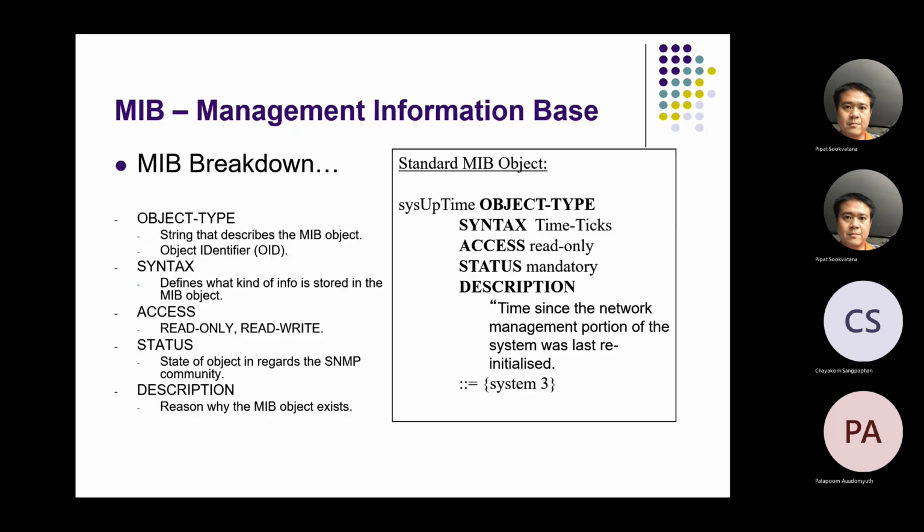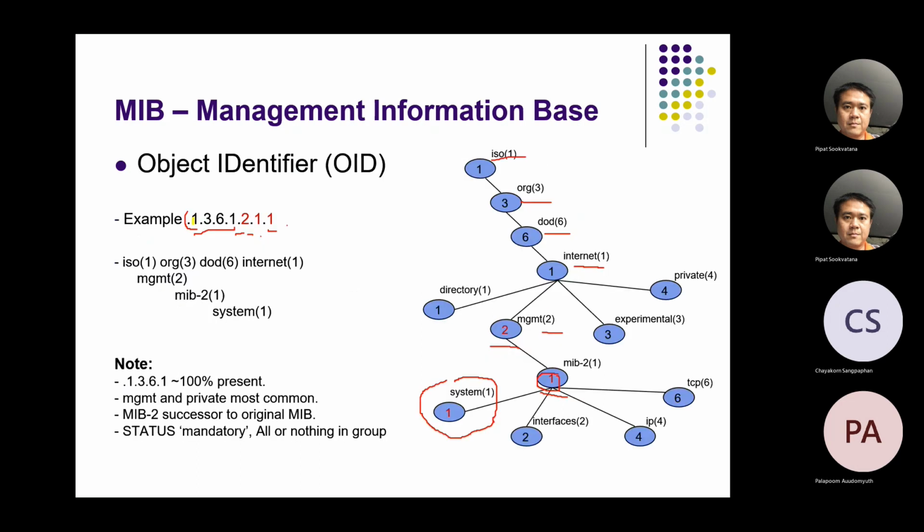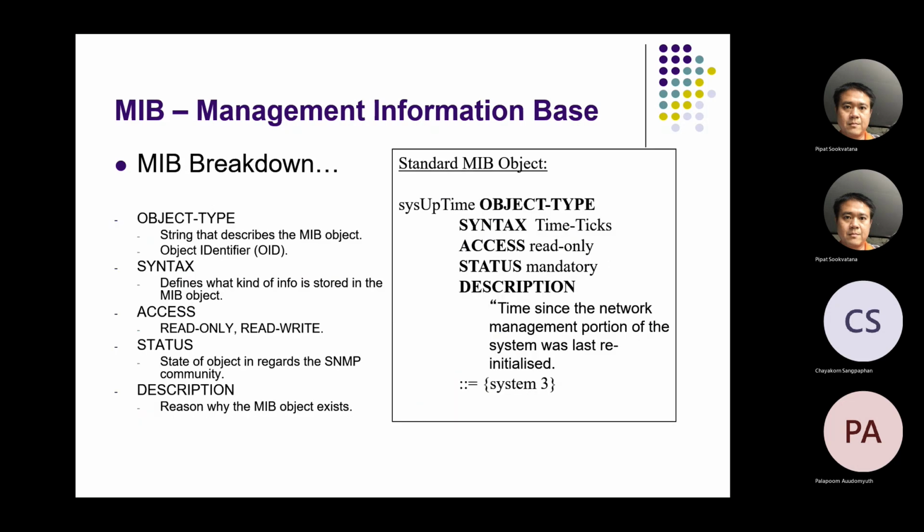I'll go back. The system uptime, sorry, is going to be point 3 after the system. So what does this mean? It means that from here, I create a new object called system uptime after the system, and I name it point 3.